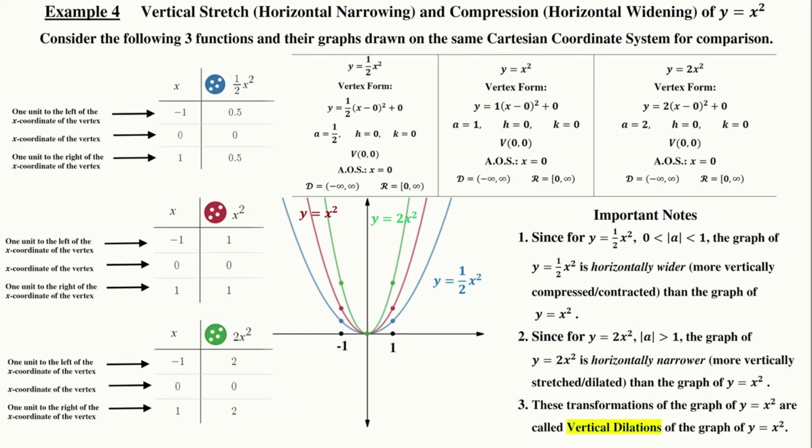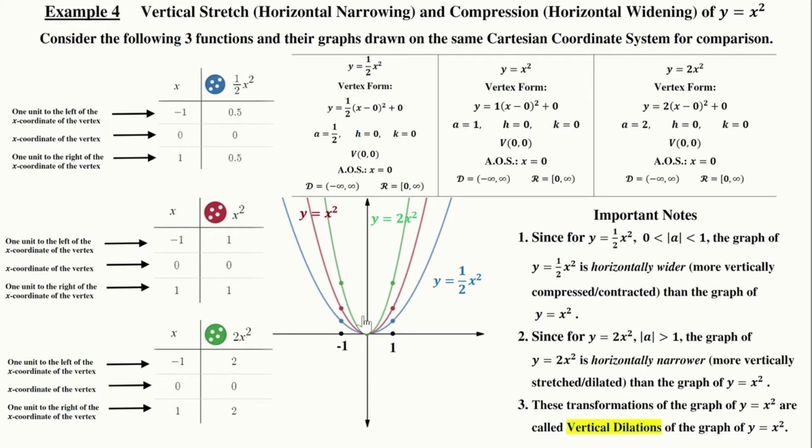Okay, the next kind of transformation of the graph of y equals x squared that we're going to look at is vertical stretches, which once they take place actually end up looking like horizontal narrowing. So, for example, when you look at the green graph, notice that the red graph is our reference graph y equals x squared. When you look at 2x squared, all the outputs of x squared get doubled.